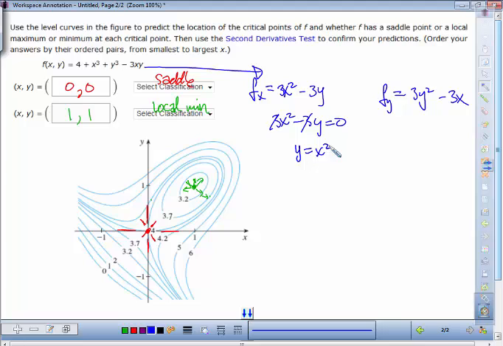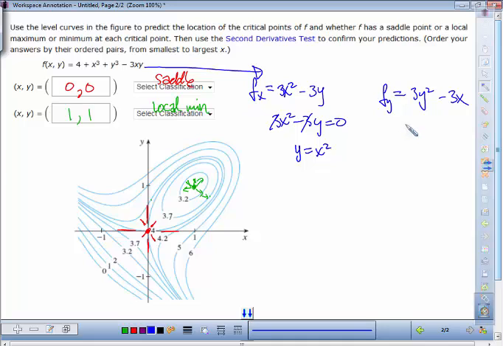That looks like a weird relationship, but at all these points on your xy plane in your domain, you're going to have your derivative with respect to x equal to 0.